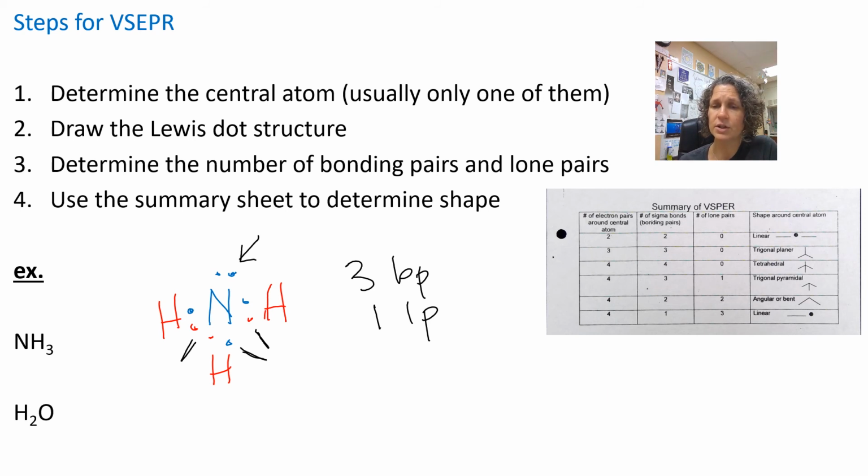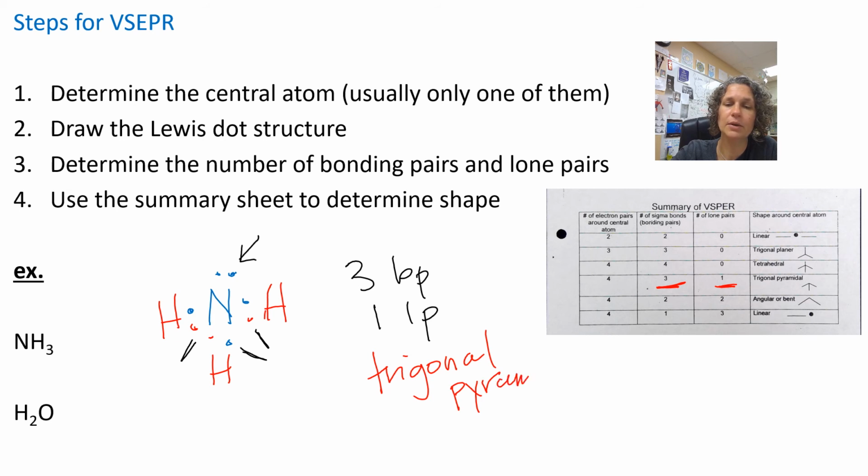So then if you look at your little summary chart over there, I know it's kind of small on here, but you have 3 bonding pairs and 1 lone pair. So the shape for this molecule is trigonal pyramidal. There we go.